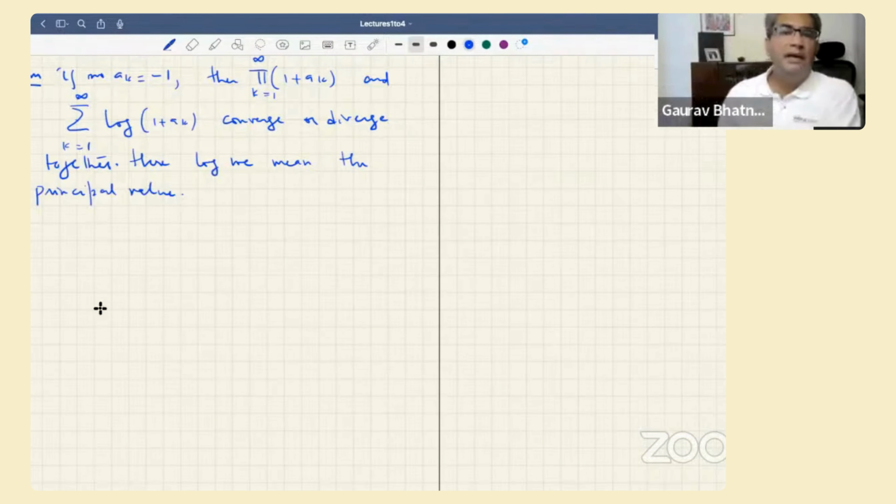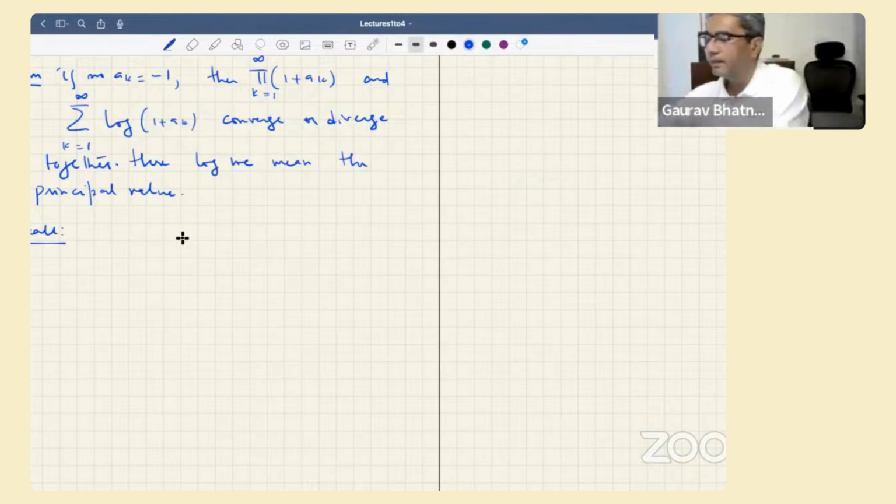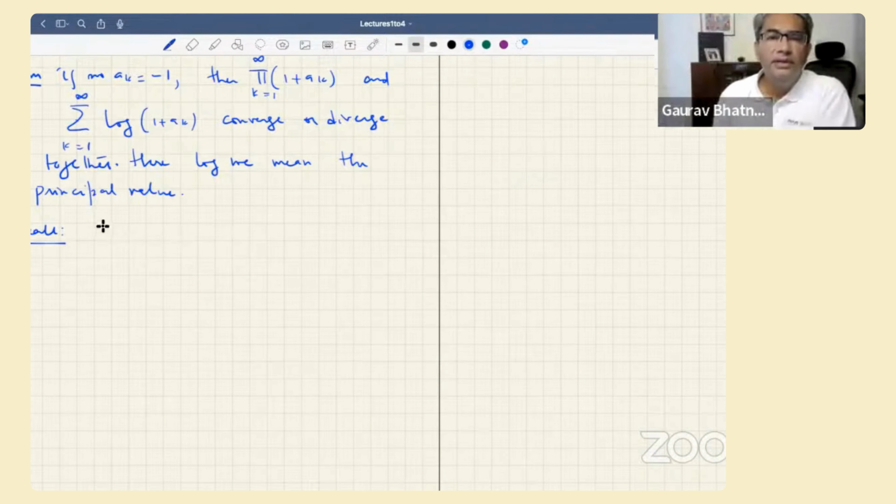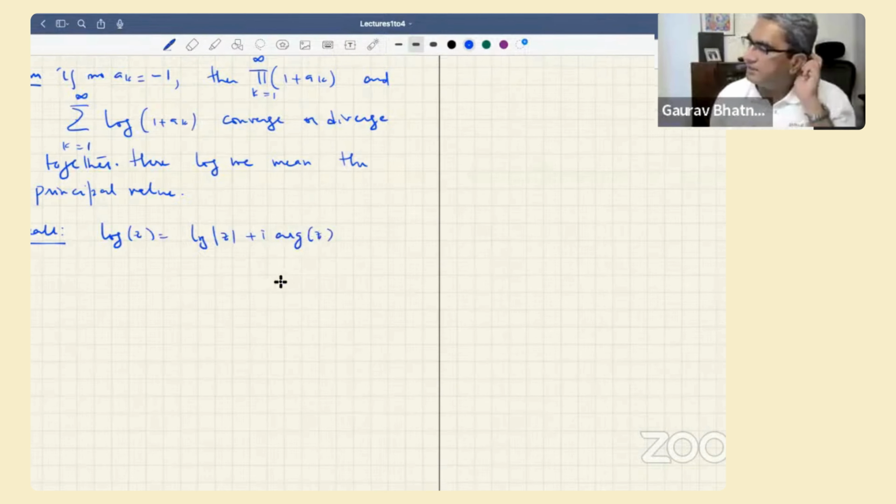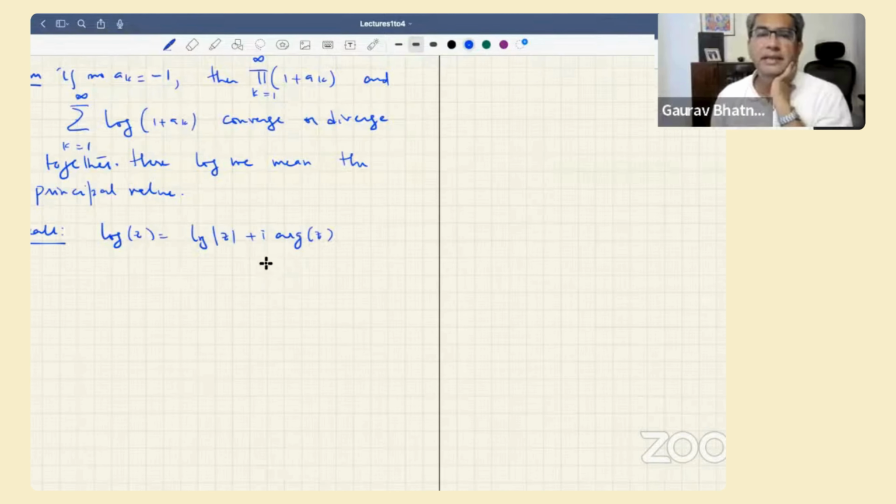Let me just remind you that we define log z as log of the absolute value of z, which is a real number, plus i times the argument of z. In principle, the argument of z can be anything, but if we stick to the argument of z bigger than minus pi and less than or equal to pi, then we call it the principal value.